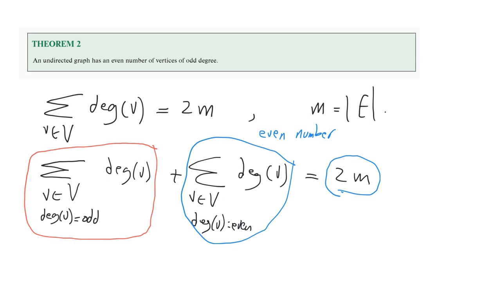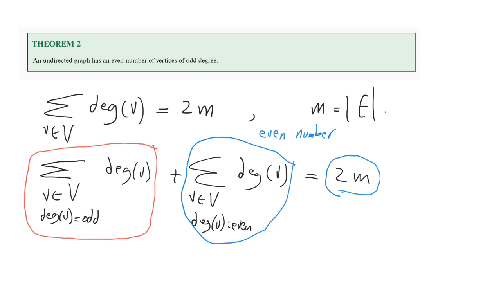So we know now that this summation here has to be even because it is the difference between 2 even terms. So it has to be an even number. But we know that this is a summation of odd terms. And if you add up odd numbers together, if you get one odd number, it is odd.